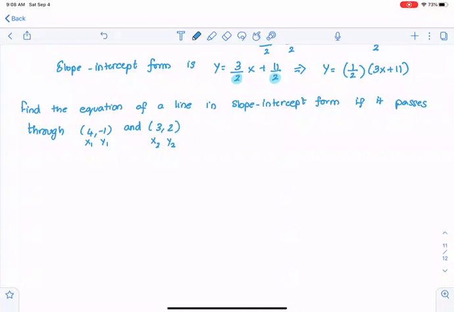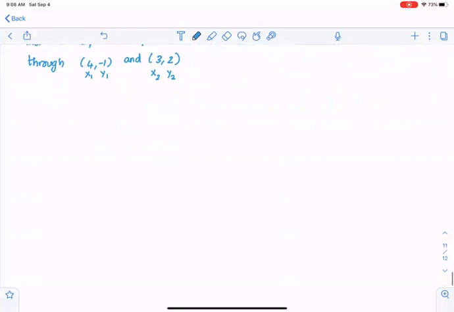So first, we have to find the slope. m is y2 minus y1 divided by x2 minus x1. y2 is 2, y1 is -1.